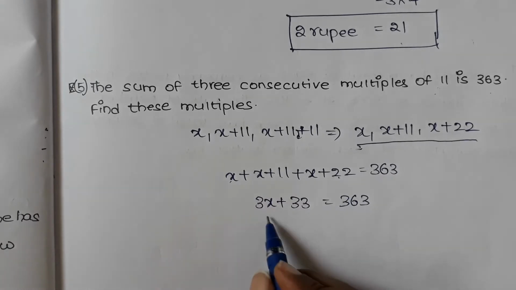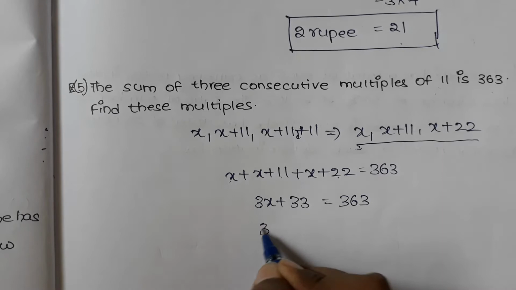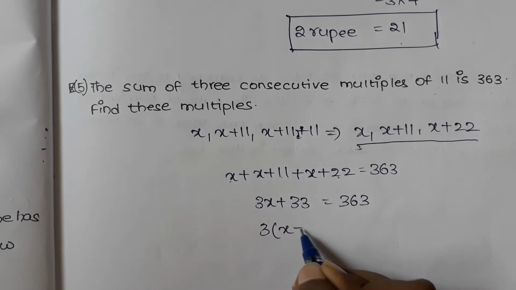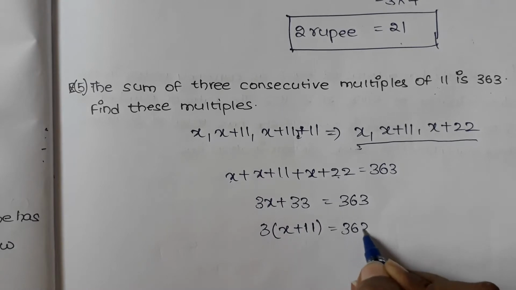Now here 3 to be taken common, and 3 into x plus 11 equals 363.